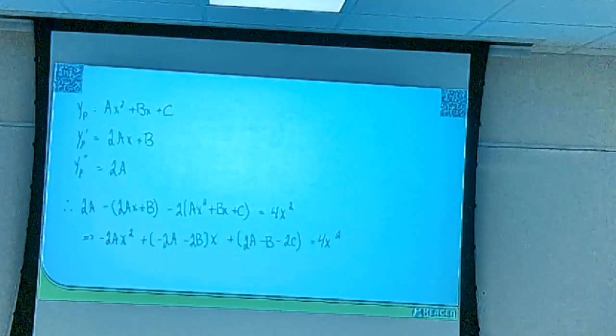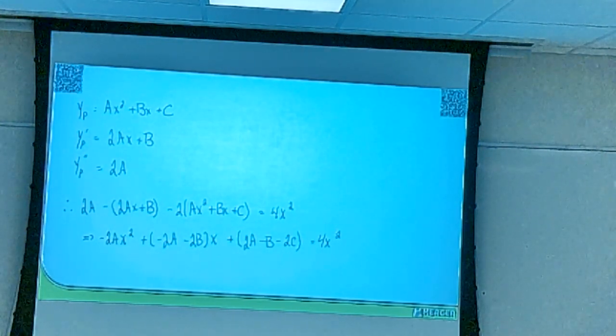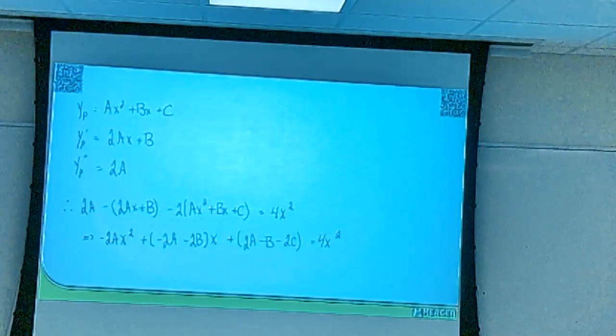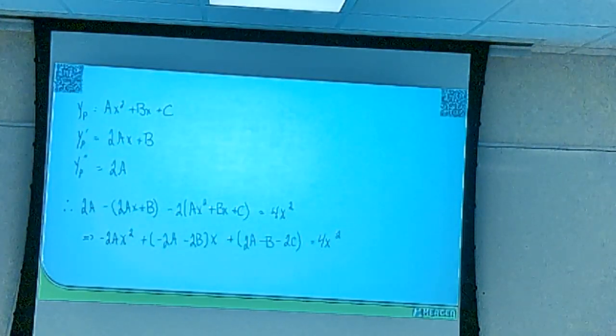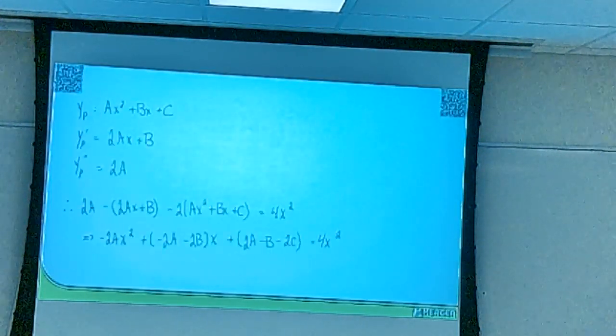Coefficient comparison works this way. Look at the left-hand side. What's the coefficient of the x squared term? Negative 2a. What is the coefficient on the right-hand side? Negative 2a has to equal 4. Look at the x term.